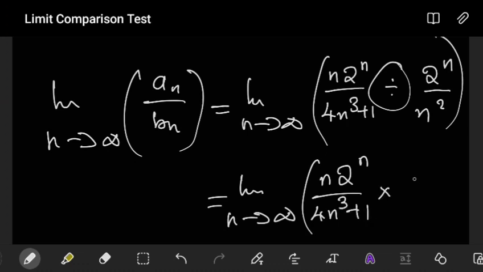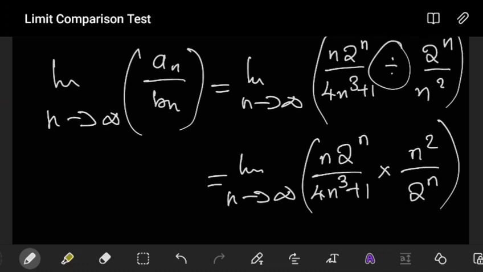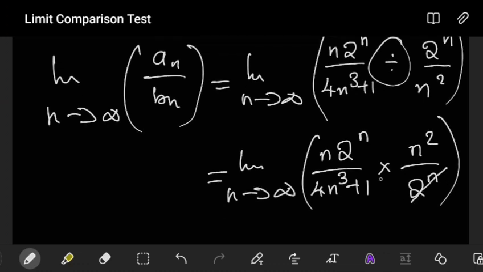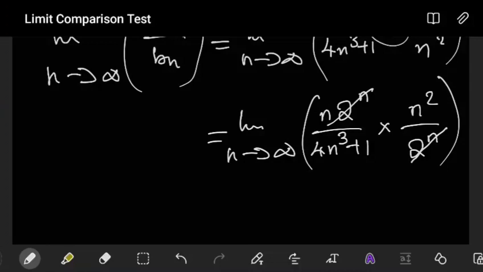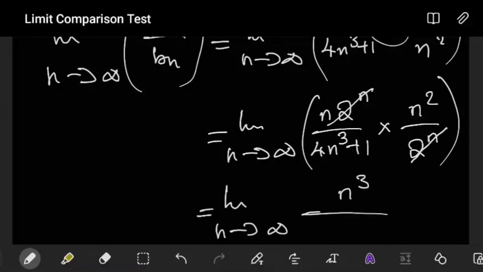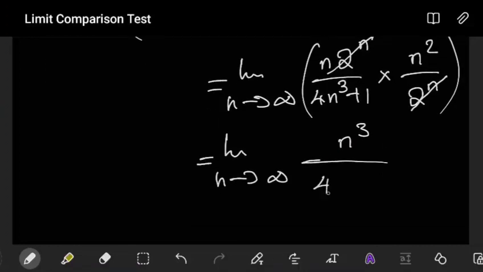Then this will multiply n squared over 2 to the power n like that. Yes, this looks good now. Now at this stage, you can see that since you're multiplying, this can easily divide with the 2 to the power n there, so that our expression now remains the limit as n approaches infinity. In the numerator, that is n times n squared, that would be n to the power 3 divided by 4n to the power 3 plus 1.